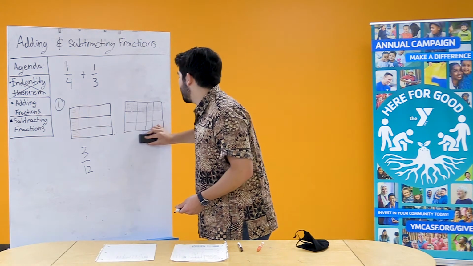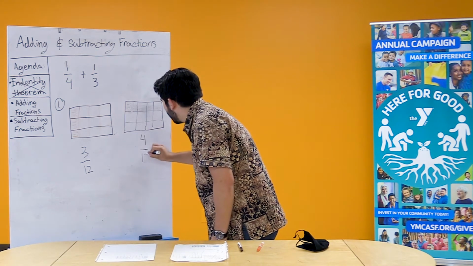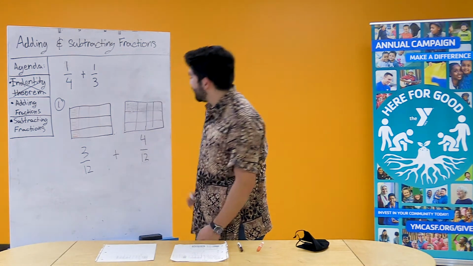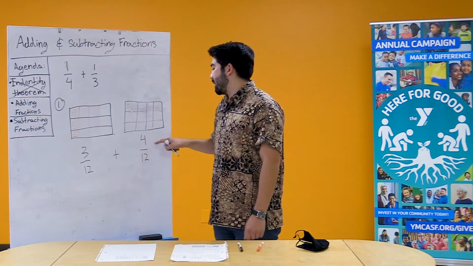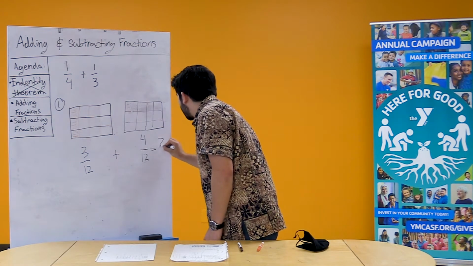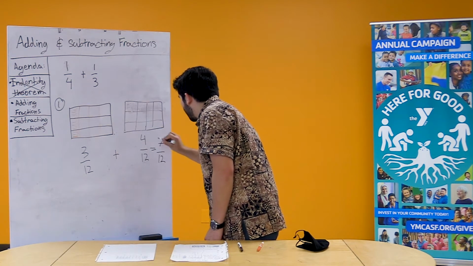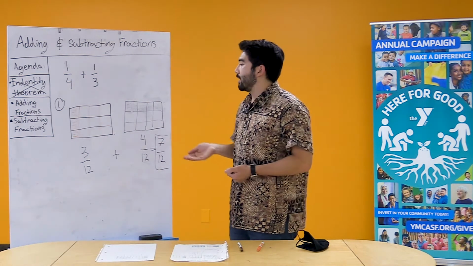So we're going to go ahead, erase our 1/3, and make that 4 out of 12. And amazingly, now we have fractions that have like bottoms, and we can just add straight across the top. So 3 plus 4 is going to equal 7/12.